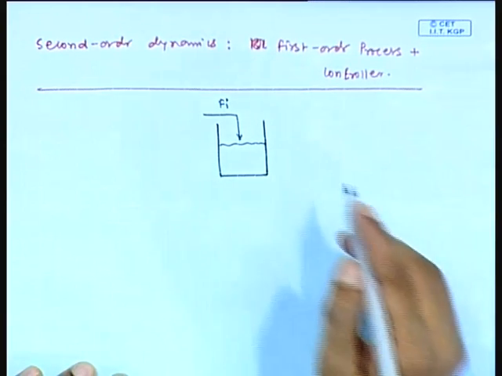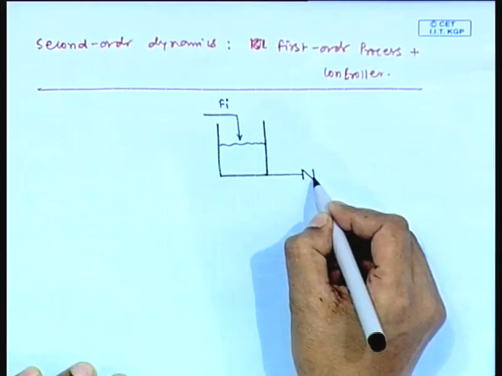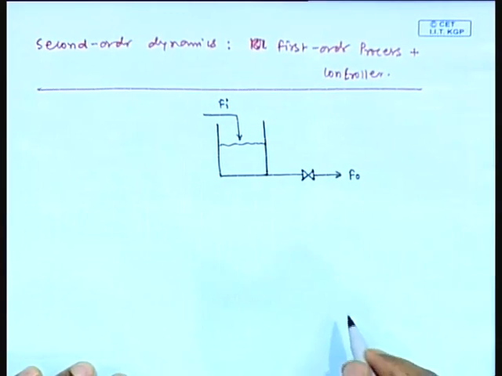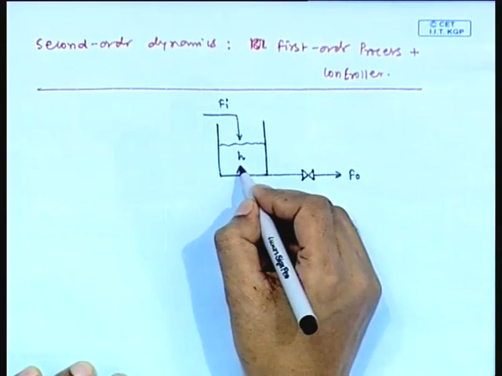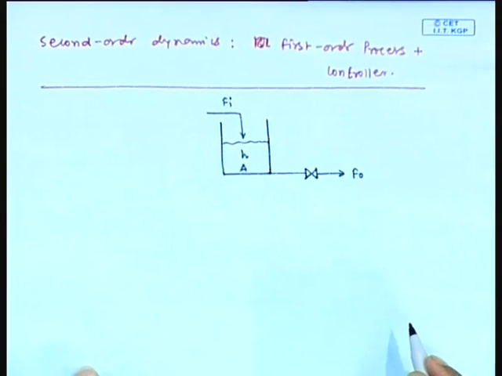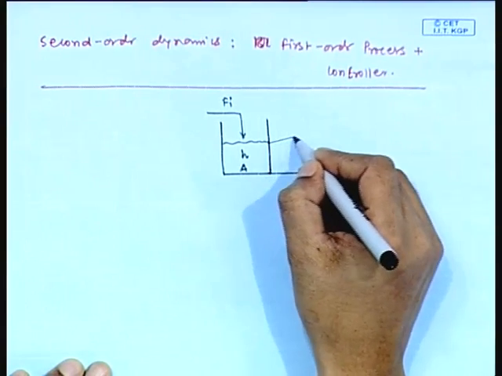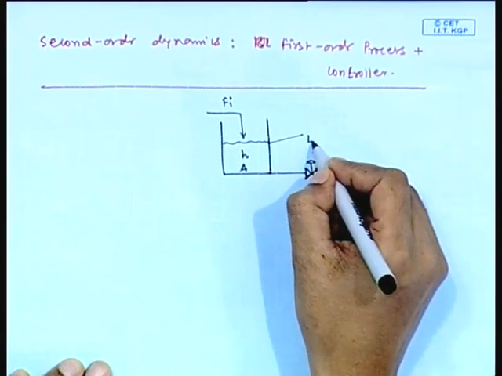Inlet flow rate is Fi and outlet flow rate is F naught. This is height, cross sectional area is A. Control objective is to maintain the height of the liquid in the tank. So, for that we need to employ one level controller.